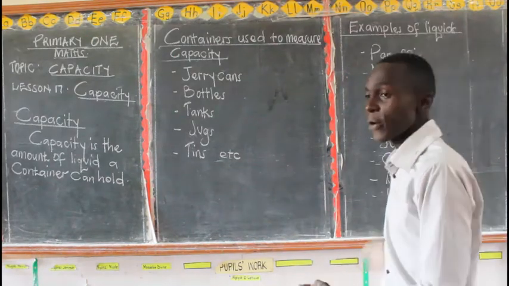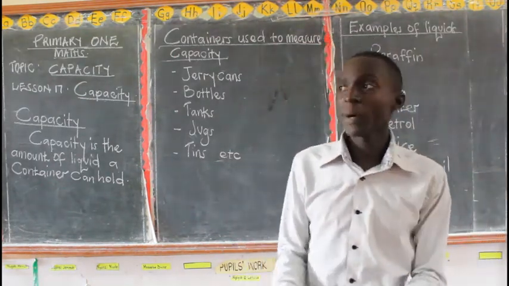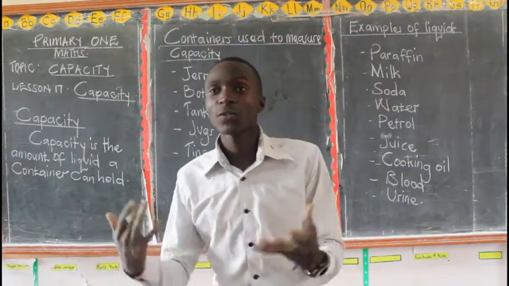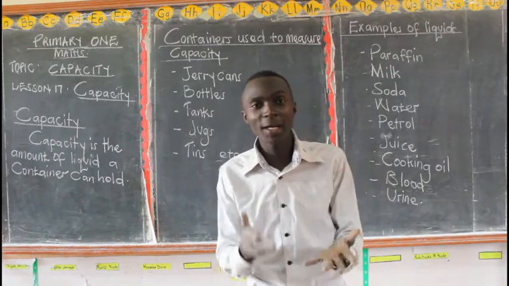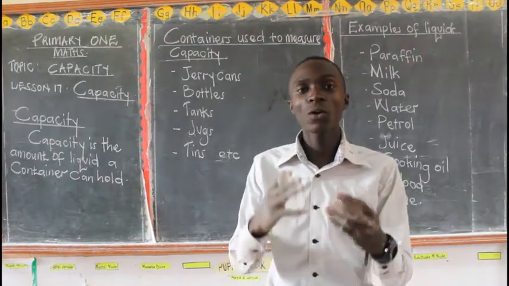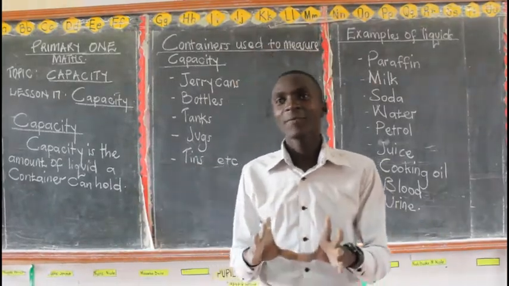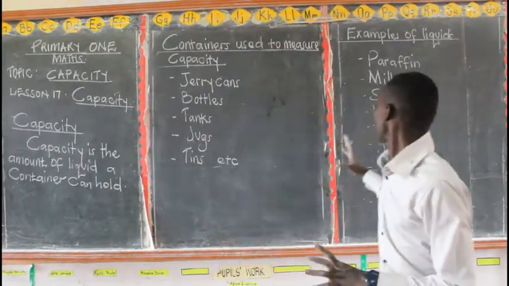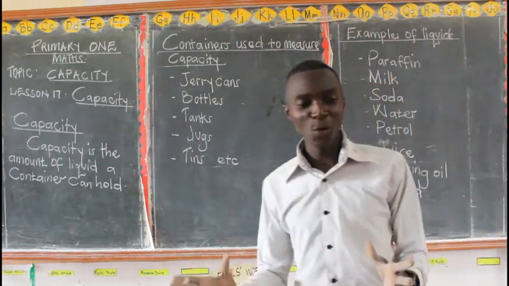Another one is soda. You go to a shop and buy maybe 2 bottles of soda. Examples of soda are Mountain Dew and Coca-Cola. Another one is water. Hope you know water properly.